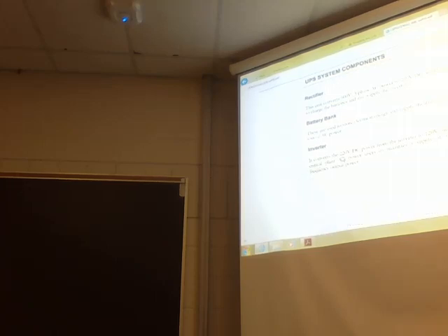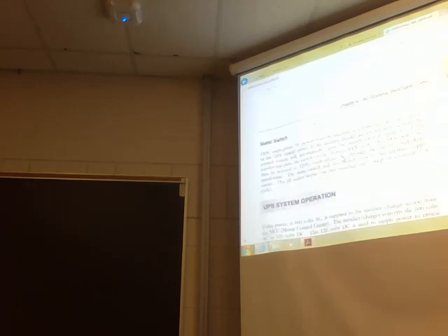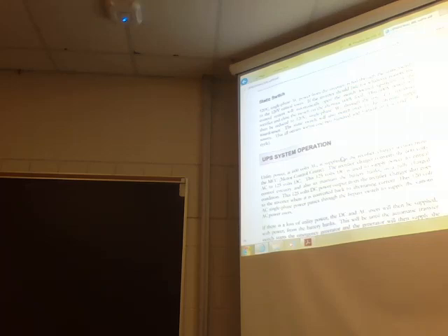A static switch: 120 volt, single phase AC power from the inverter is fed through the static switch to the 120 volt critical users. If the inverter should fail for whatever reason, the control system will automatically open the switch located upstream of the rectifier and close the switch on the alternate 600 volt feed.